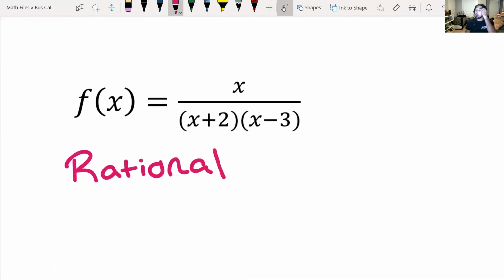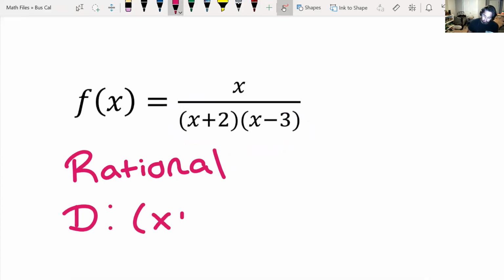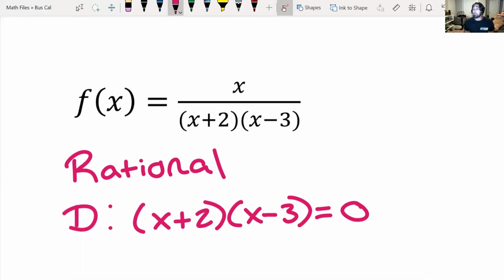Which means first let's solve for the domain. For any type of rational function, you take the denominator and set it equal to 0 and solve for x. Lucky for us, it's factored already.